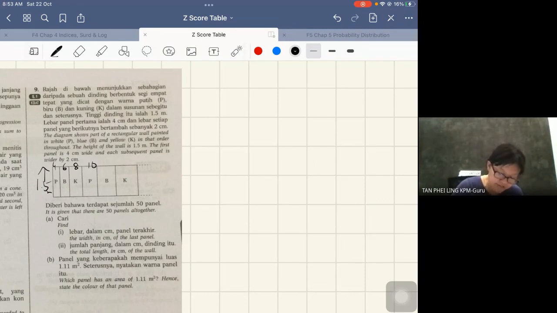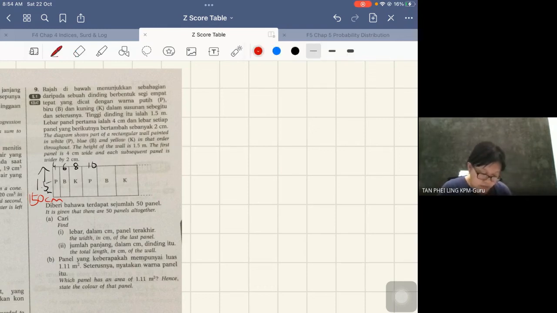To be safer, I put this in cm first. So this will become 1.5 times 100, I will get 150 cm.